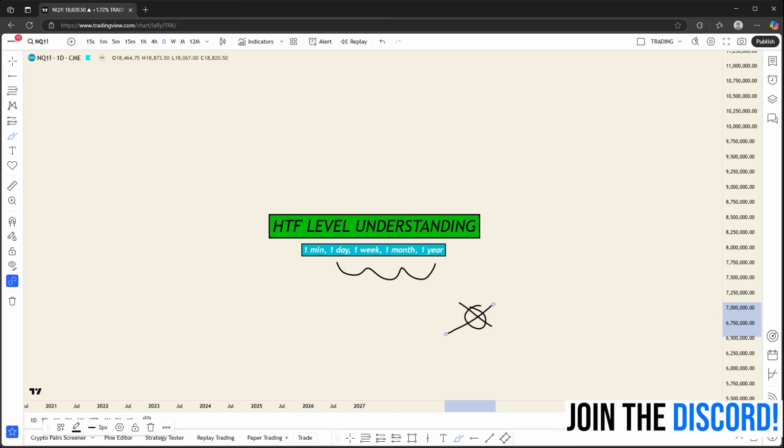What you'll see a lot of times on the internet is people pointing you towards 15-minute levels, 5-minute levels, as places that intraday price action will make turning points at. And I highly disagree with this way of thinking.